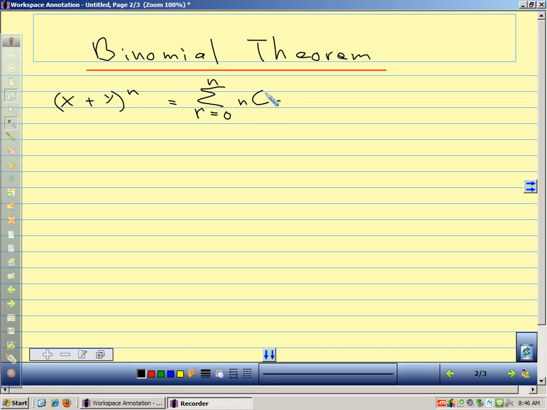And we'll talk about this symbol in just a second. x to the n minus r, y to the r. So this formula tells us how the pattern for raising a binomial to a power works.